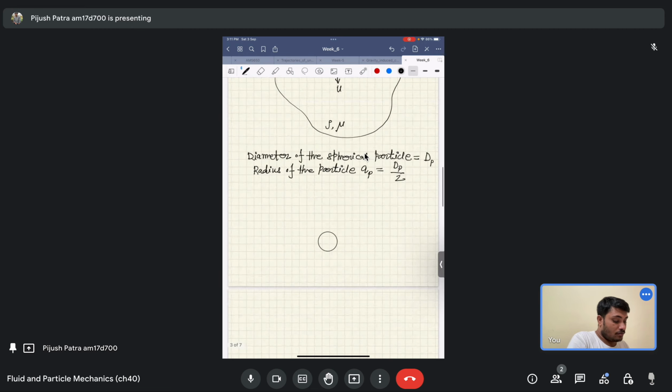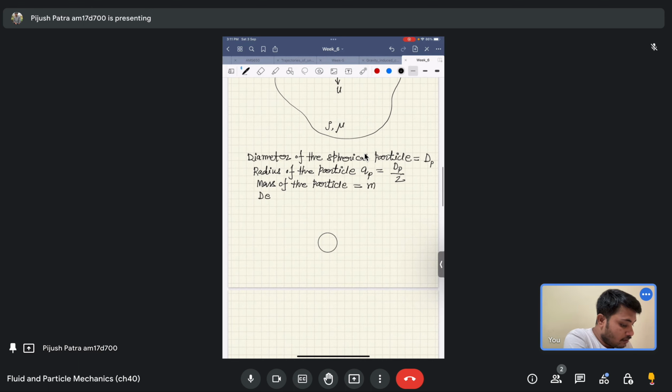Now the mass of the particle is m. The density of the particle is equal to rho p.